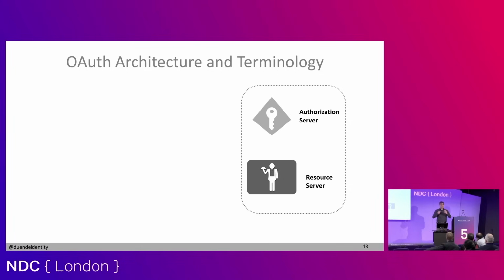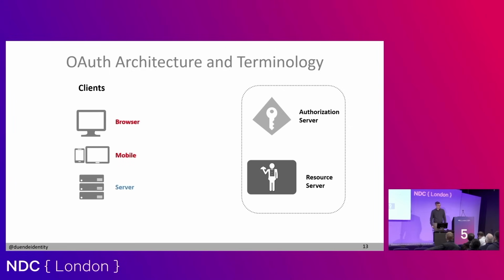So imagine I've invented and created this magnificent calendar widget that can display your upcoming day, reading from your Google Calendar. Google has an authorization server that protects the resource of the Google Calendar API. And I've created this client application.